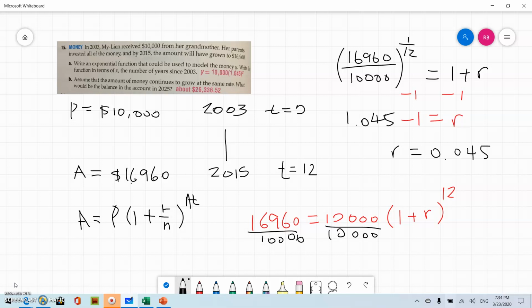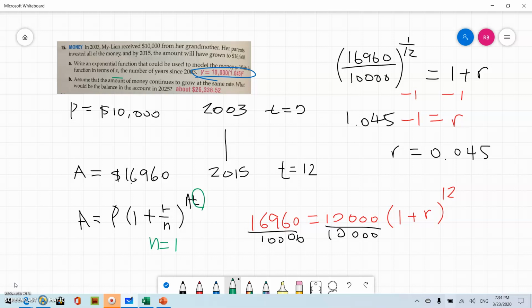So that's why you see the answer as 10,000 times 1.045 to the x power. Basically what they used was that they assumed n to be 1, and instead of t, they used x because they said write the function in terms of x. So once you have that equation, the rest of it is just plugging in the number for part B.